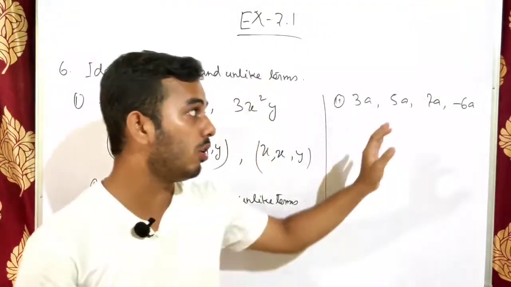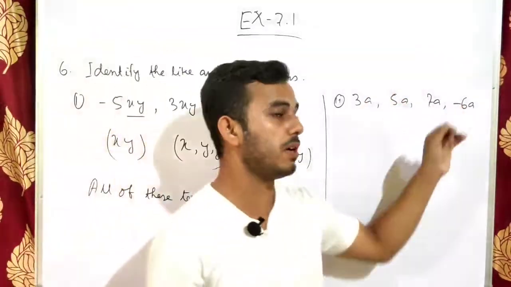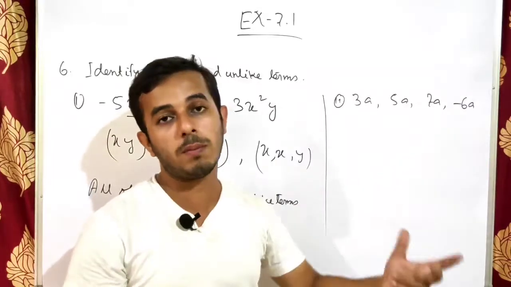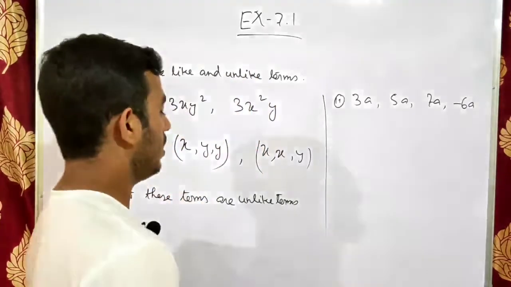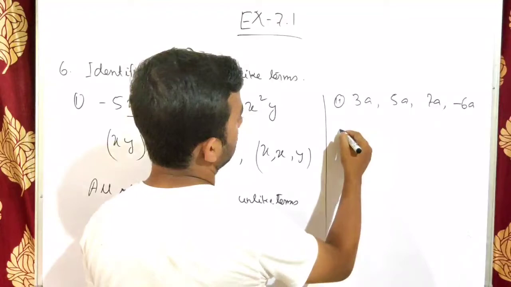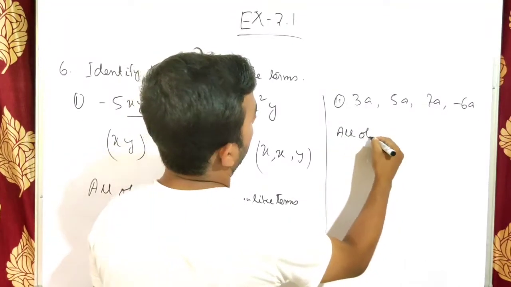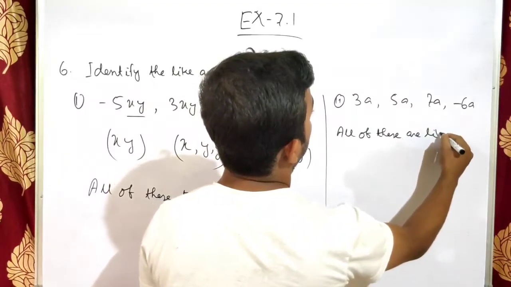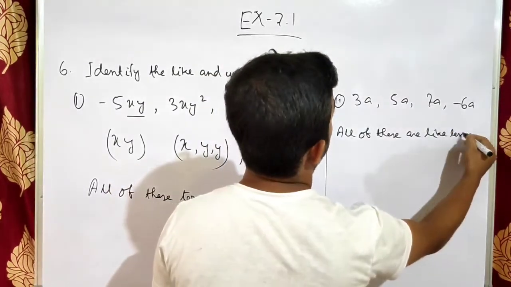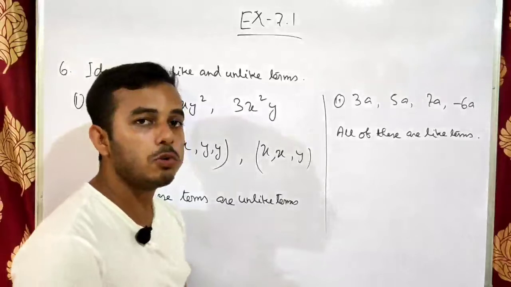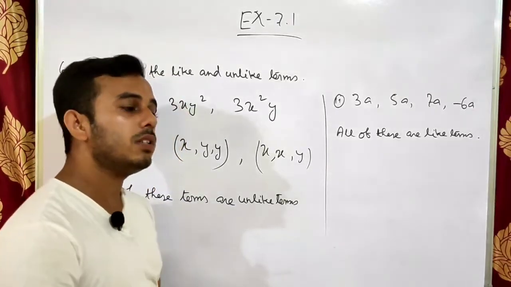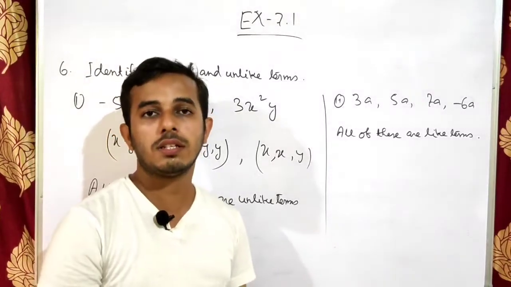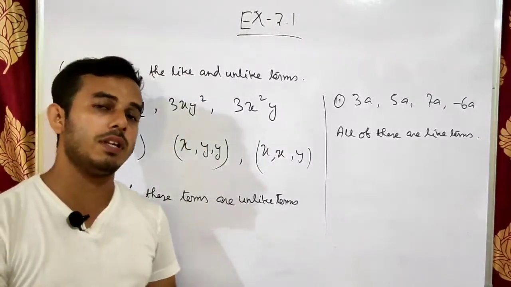We don't need to think about the 3, 5, 7 and 6, just the variables. All of them are the same because all of them have a. So write: all of these are like terms. I hope you have understood how to find like and unlike terms. Just look at the variables. If the variable is the same, it is a like term. If the variable is different, it is an unlike term.